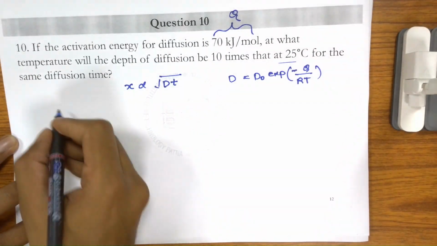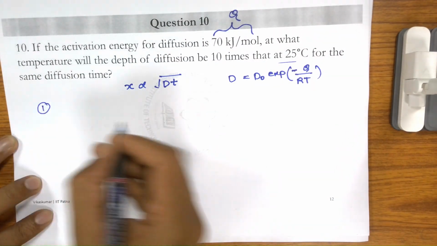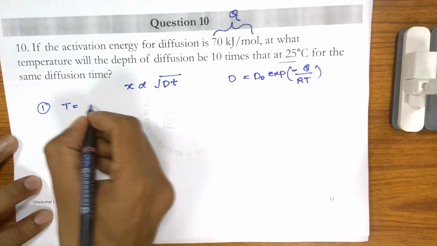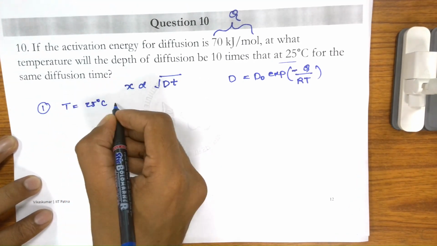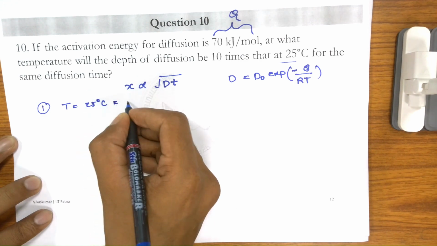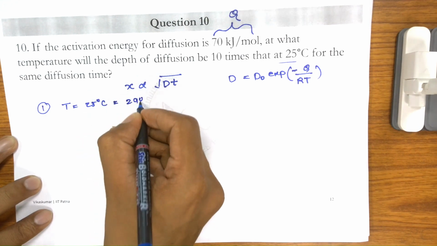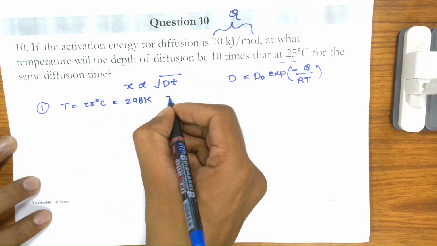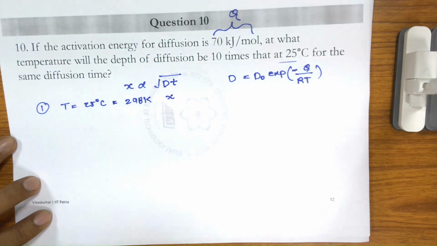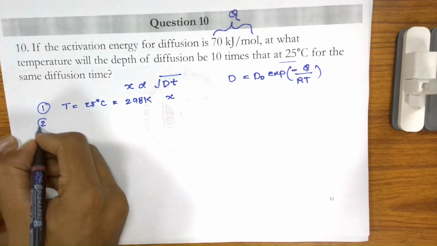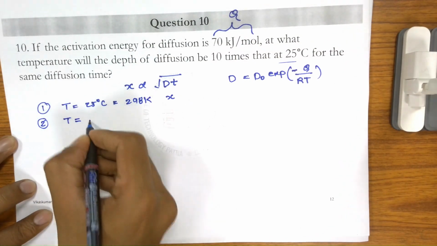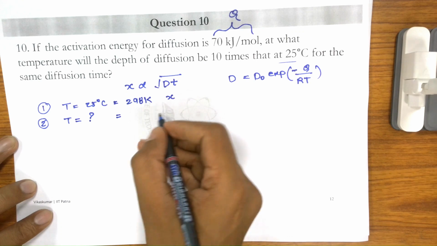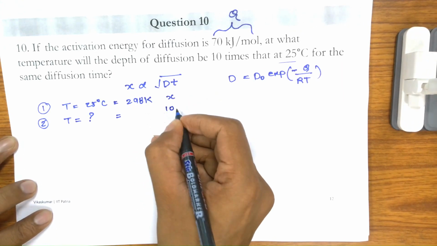Let's say we have case 1 where the temperature is 25 degrees Celsius, that is 298 Kelvin. Here the depth of diffusion is x. Now the second case, where the temperature we don't know and want to find, corresponds to the depth of 10x.